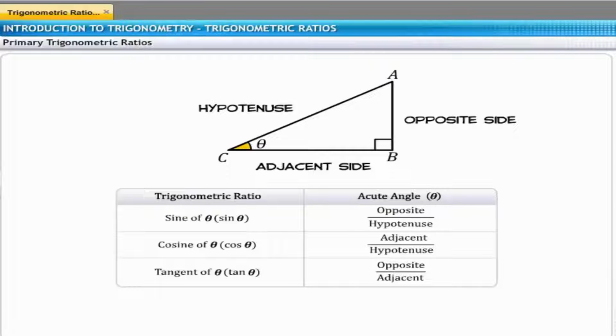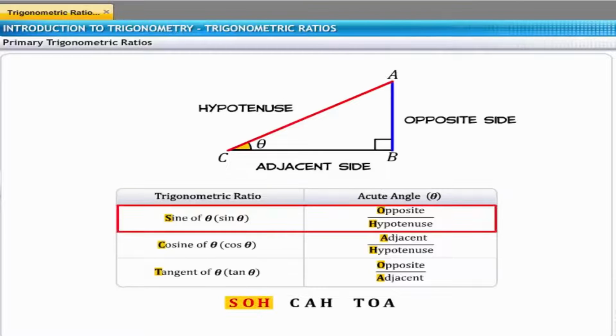Now, here's an easy way to remember these trigonometric ratios. Look at the bold letters. They form a mnemonic: so, ka, to. It is pronounced so, ka, to, a. The SO stands for sine of an angle is opposite side over hypotenuse.